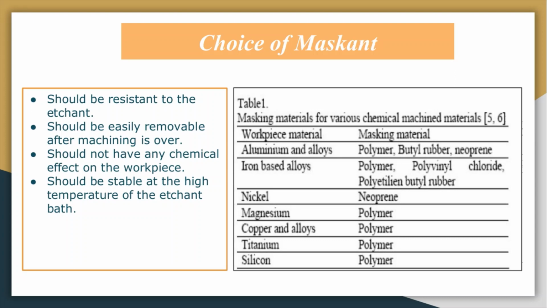For example, for aluminum and alloy we can go for polymer, butyl rubber and neoprene. For nickel you can go for neoprene. For copper and alloy you can go for polymer. So these are the different masking materials with respect to different workpiece materials.